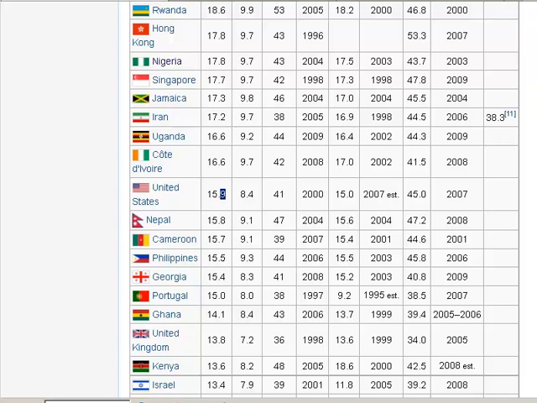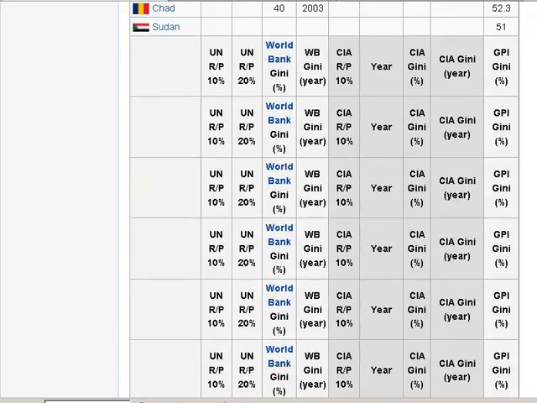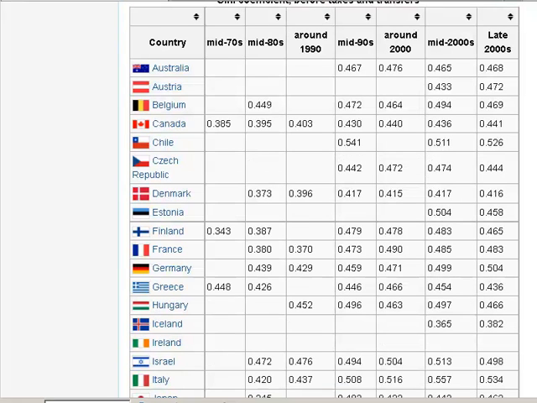What I wanted to look at, the final data set we have here, is this. You have the data in the 70s, 80s, 90s, 2000, late 2000s. So how has Ireland changed over this period? Wait, what's happened here? The data used to be there.